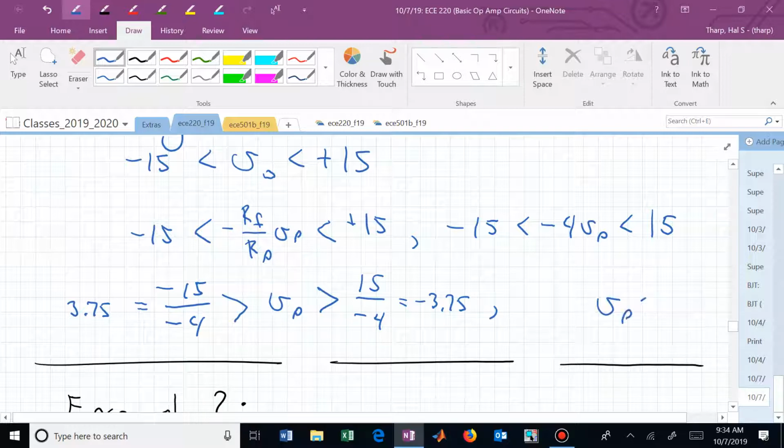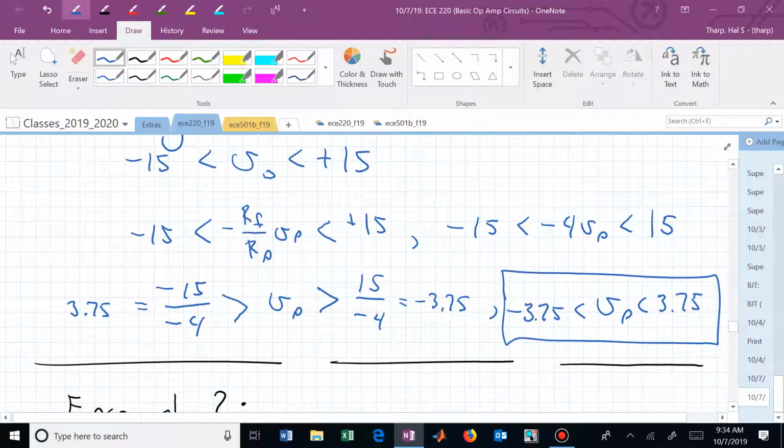So we know the limits on V sub S. If we applied 4 volts, then we would saturate and we would hit the rail. Here, as long as we keep V sub S less than 3.75 and bigger than minus 3.75, we're okay.